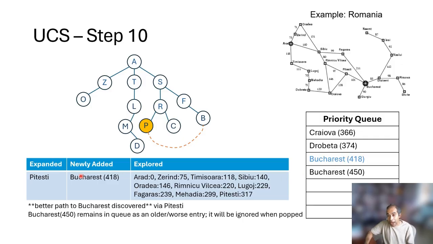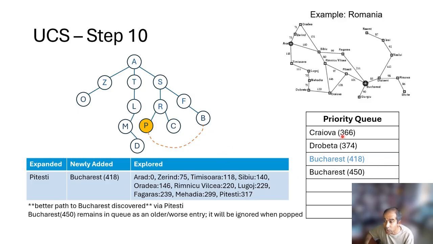So we added Pitești to the set of explored nodes and added Bucharest with a cost of 418 to the priority queue and sorted that. And this is the structure. So we have written better path to Bucharest discovered by Pitești, and Bucharest 450 remains in queue as an older or worse entry. It will be ignored when popped because we have a cheaper path.